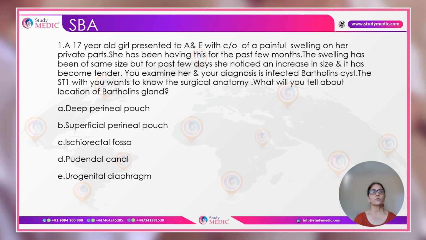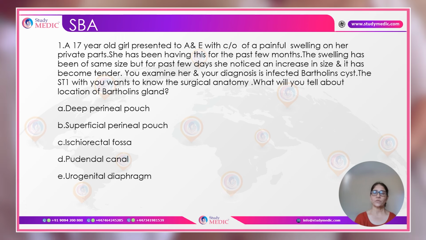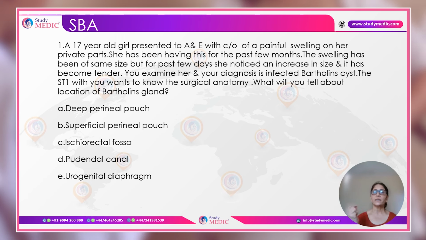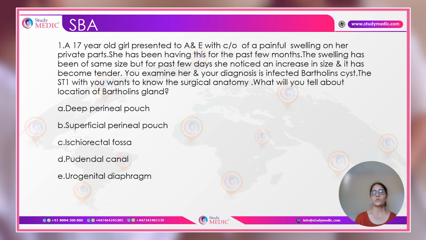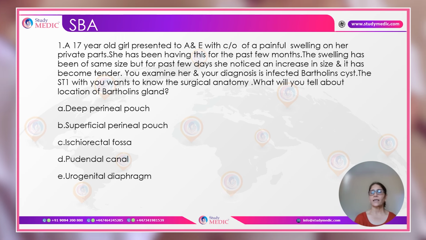Options here are the deep perineal pouch, superficial perineal pouch, ischiorectal fossa, pudendal canal, or the urogenital diaphragm. Now we know the urogenital diaphragm is a muscular structure, so it is not going to have any gland or cyst. The pudendal canal is a very small canal located in the posterior part of the ischiorectal fossa, and it doesn't contain any glands or cysts.